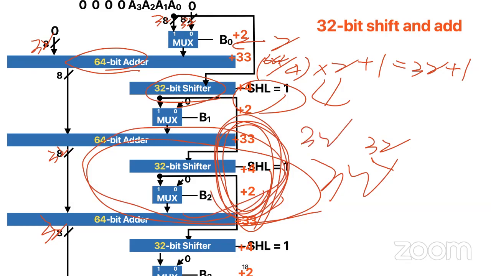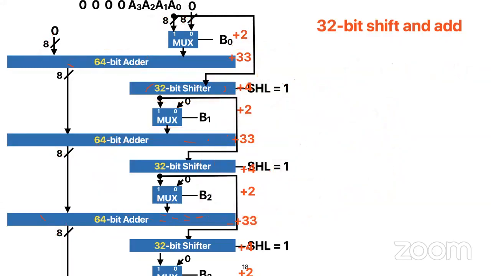Oh, okay. So that's how you get 32 times 39, because each part is 39.